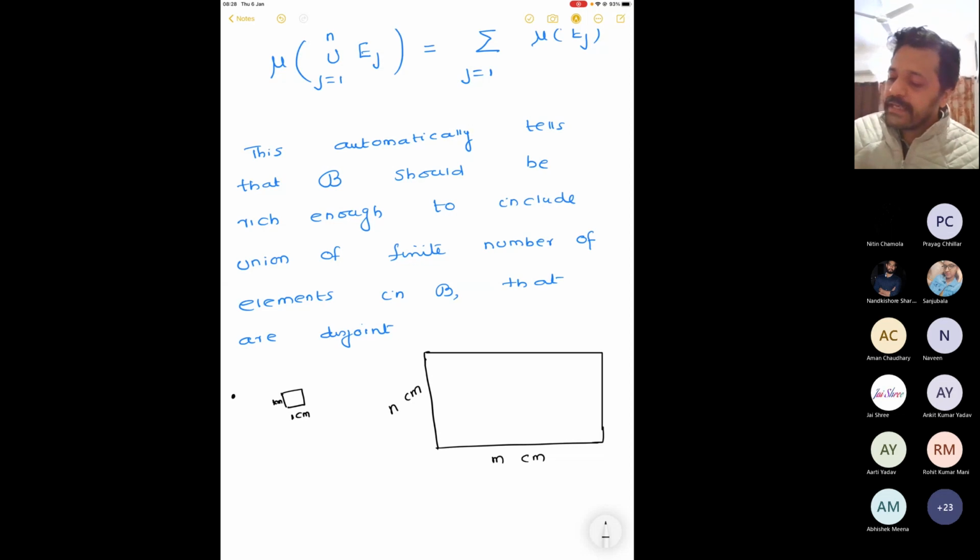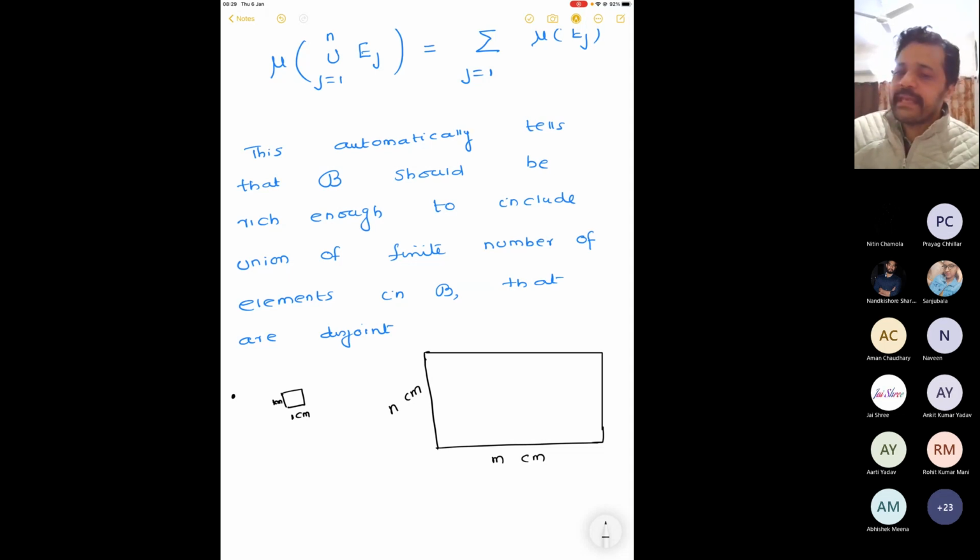You fill this square into the rectangle. That's the idea. And how many squares will be needed? mn squares will be needed. That is why you are saying the area of this rectangle is mn square centimeter. That square comes like that. The standard unit of measurement is this in the case of area.